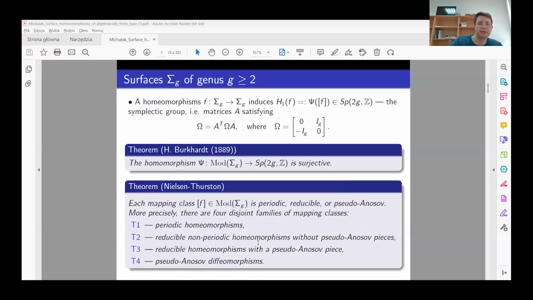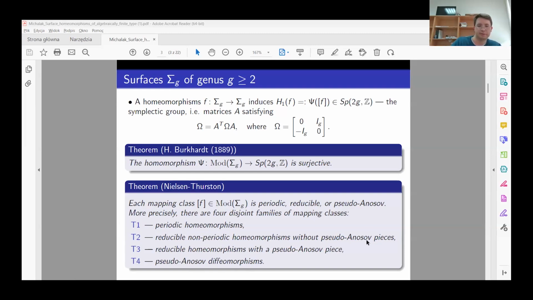So we can distinguish, in fact, 4 families of mapping classes: T1, which contains periodic homeomorphisms; T2, which are reducible, so we can cut the surface into pieces, and the homeomorphism is non-periodic, and no piece is a pseudo-Anosov piece.